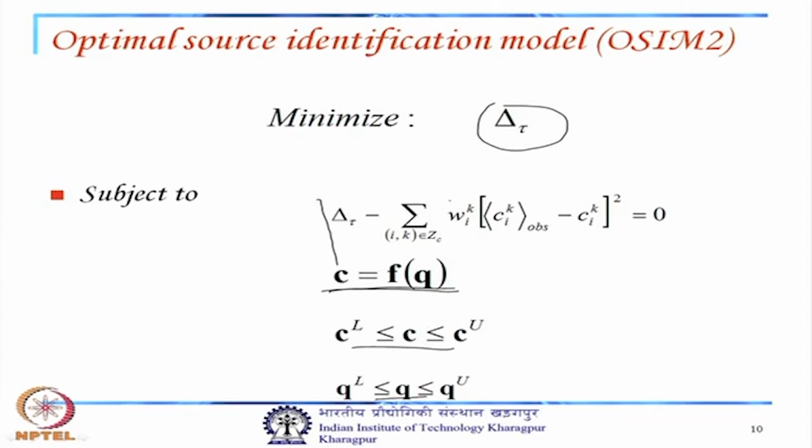Some literature suggests that there is an advantage in using a linear objective function instead of a nonlinear objective function. So, it is converted like this, and this is considered as an equality constraint within the optimization problem.